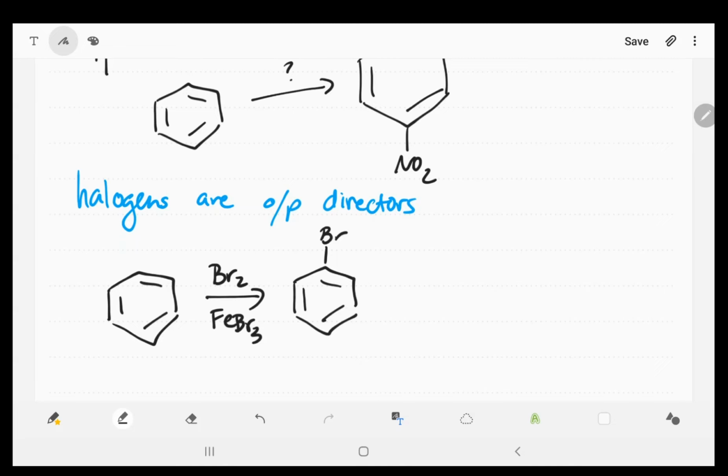Great. So with this now, we can continue. If we put a nitro group on, chances are that nitro group is going to go para, right? Para positions are favored. That is your preferred product.